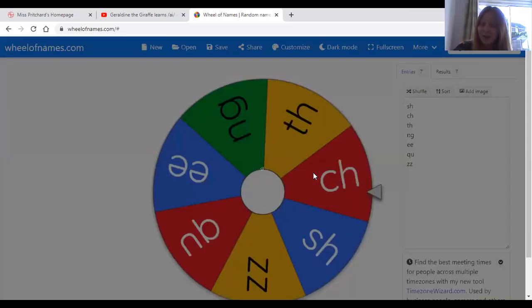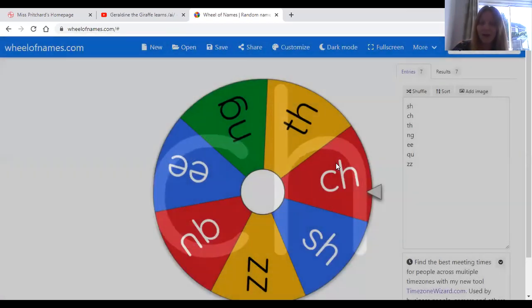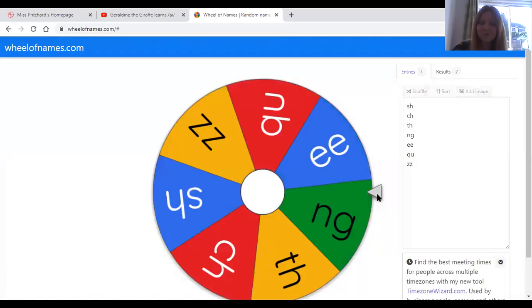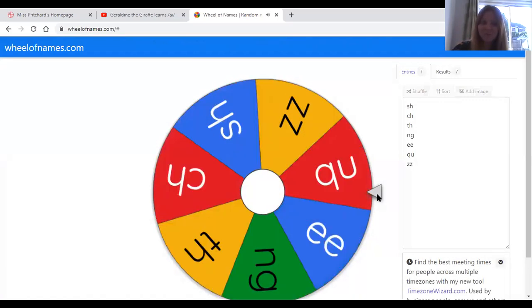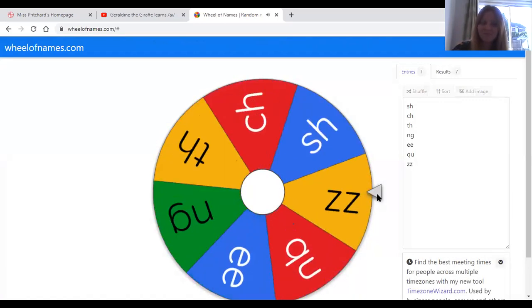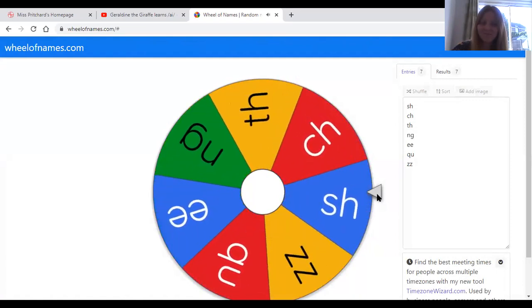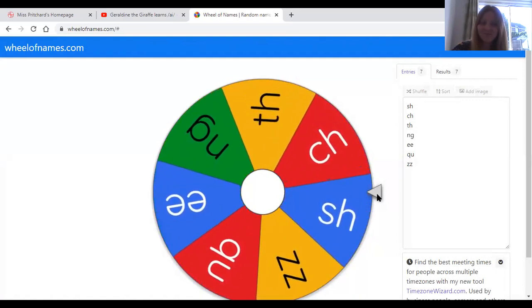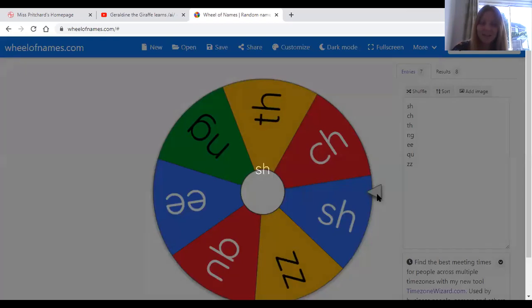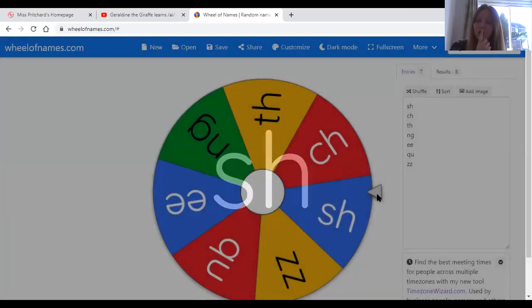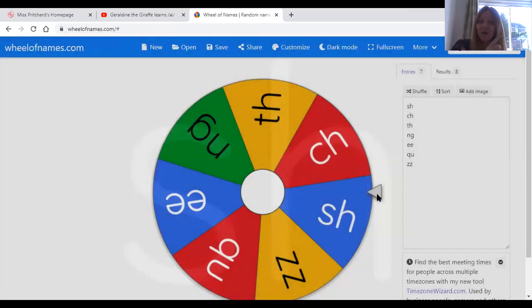We've just done that digraph, haven't we? I'm going to spin the wheel again, and hopefully this time we will get a different sound. Okay, what's that sound? Shh. Can you write me a word with the sh sound, please?